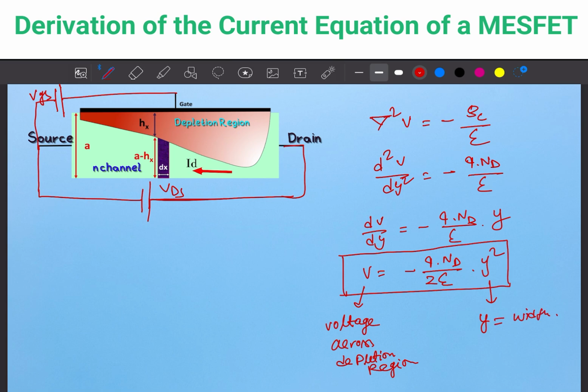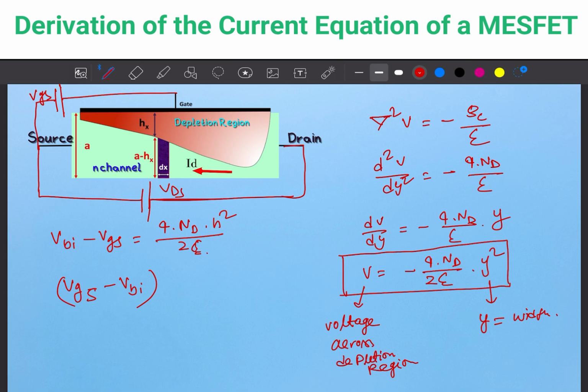In my last video, I told you Vbi minus VGS is equal to q Nd h square by 2 epsilon. How do we get this equation? When we apply the voltage VGS, the actual voltage will be VGS minus Vbi.